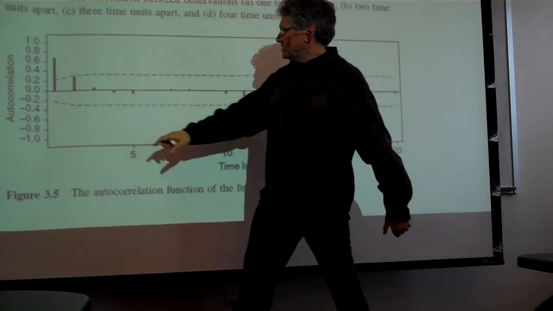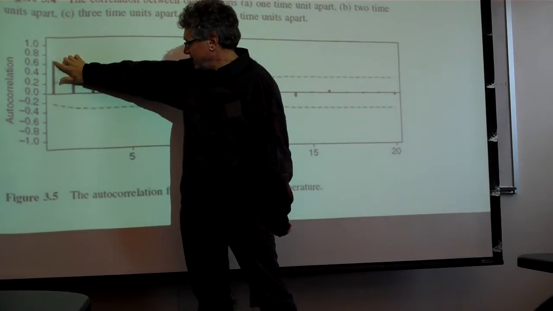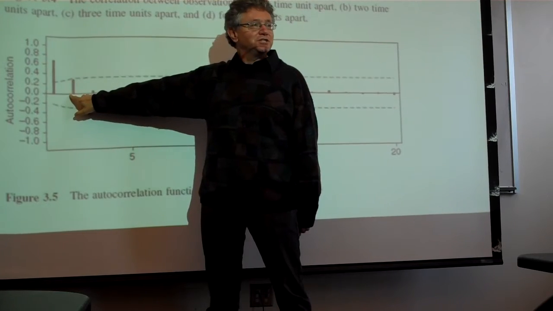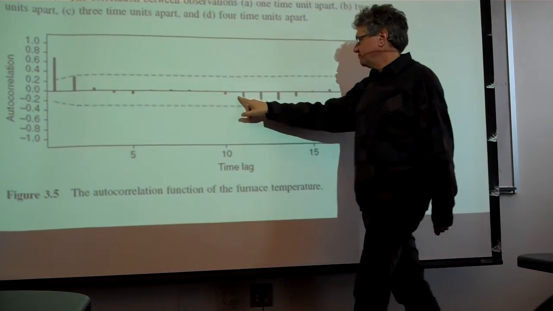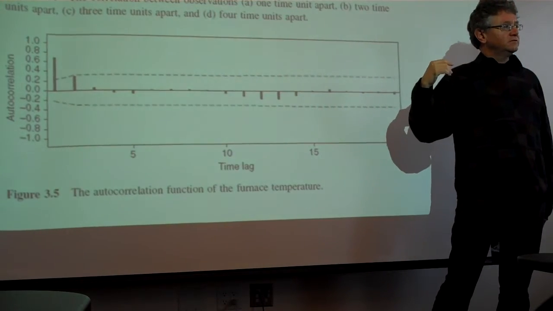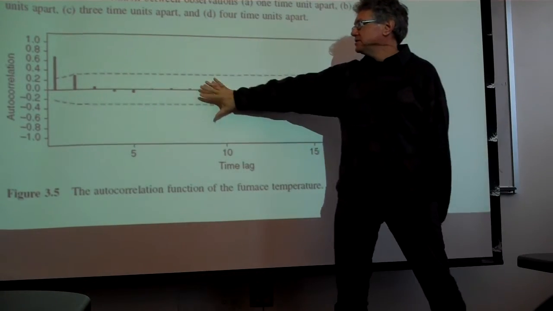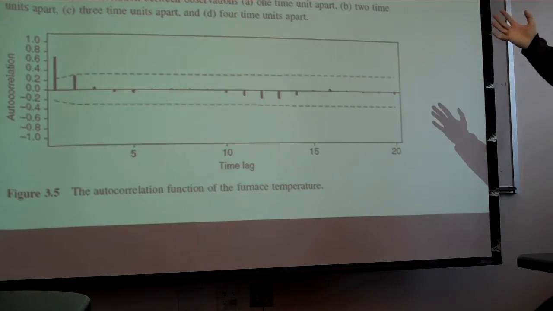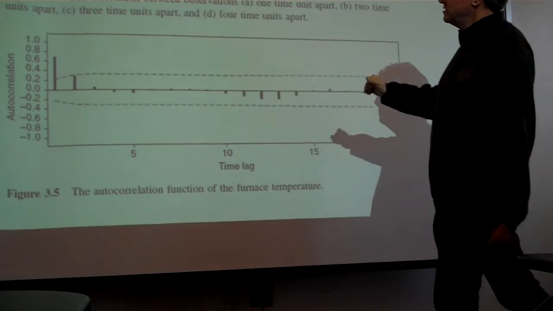What we see is a strong correlation at lag 1, much weaker correlation at lag 2, and not much correlation to speak of at higher lags. This kind of plot is fundamental in this kind of time series analysis, so get used to looking at these plots and understanding what they mean.